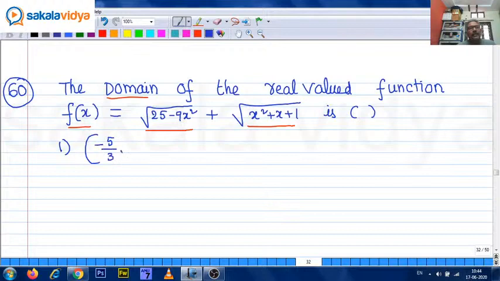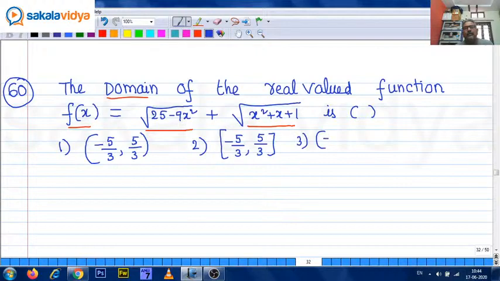Minus 5 upon 3 comma 5 upon 3 open bracket. Second, minus 5 upon 3, comma 5 upon 3, closed. Third option, minus infinity to minus 5 by 3, open, union, closed, 5 by 3, comma infinity.